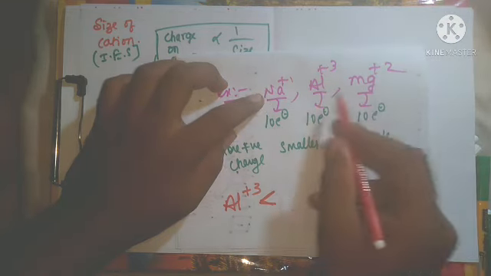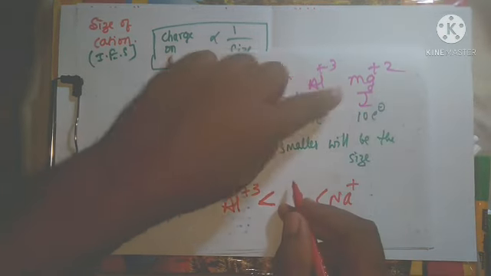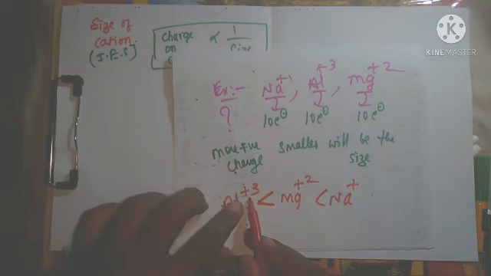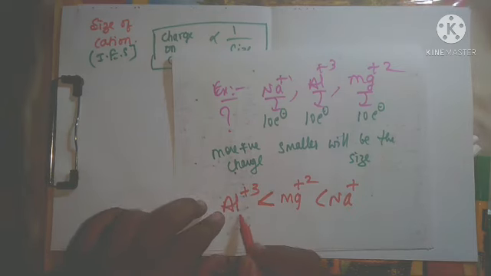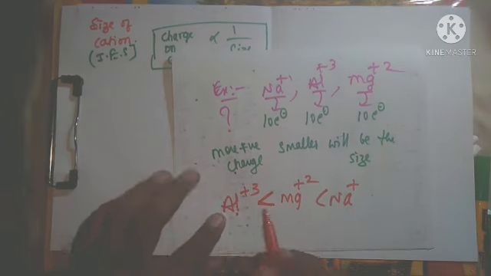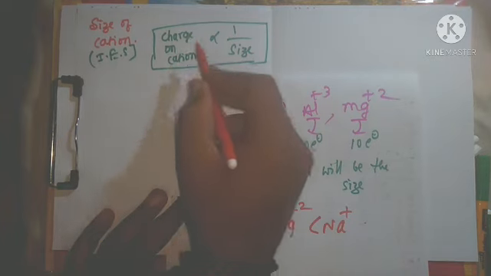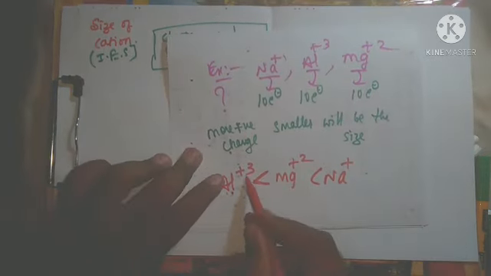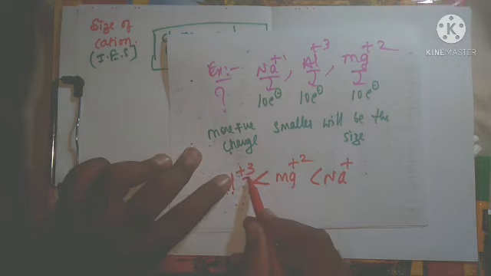In these three examples, Mg+2 is in between. Larger the charge on the cation, smaller will be the size. Inversely proportional. Al+3 is there, more will be the positive charge, smaller will be the size.